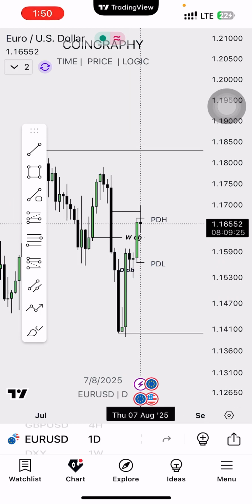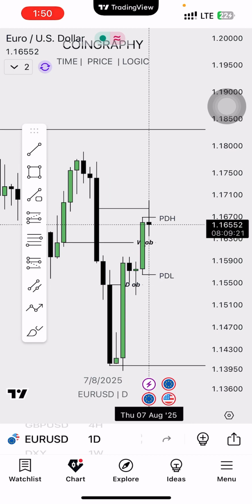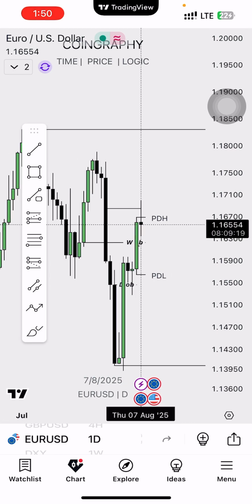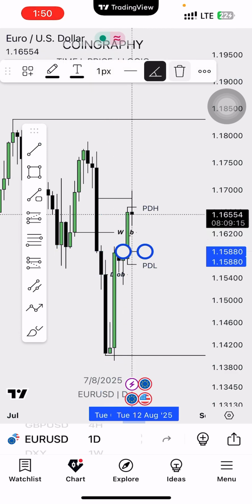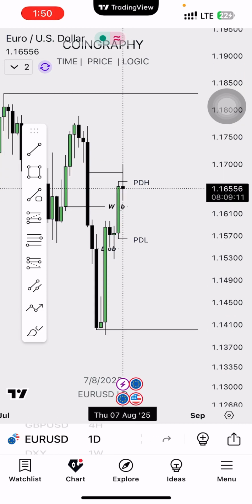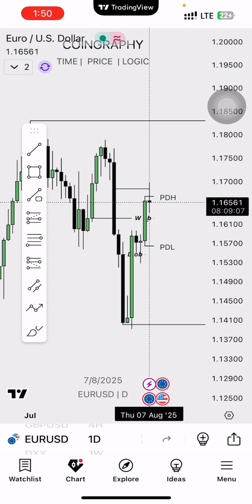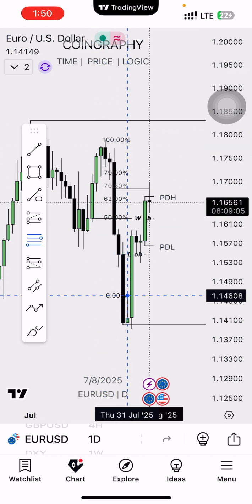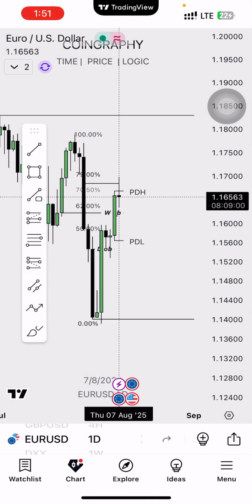On the higher time frame, using the daily time frame, we have a close above the candle, right? And I was expecting price to move higher, as you could remember from my last trade breakdown and outlook.